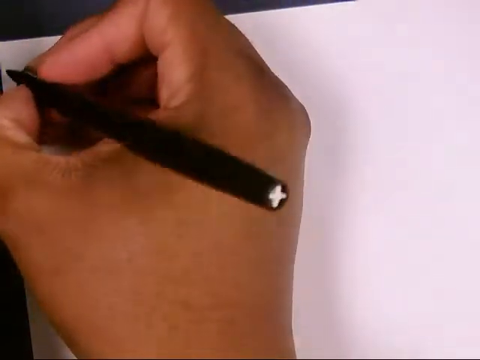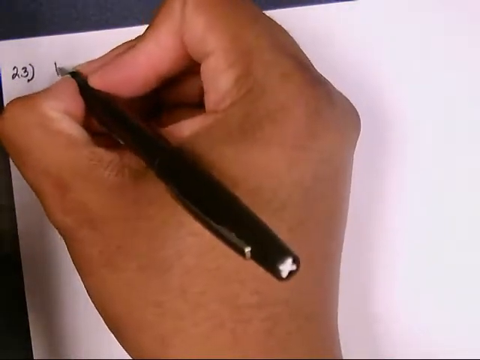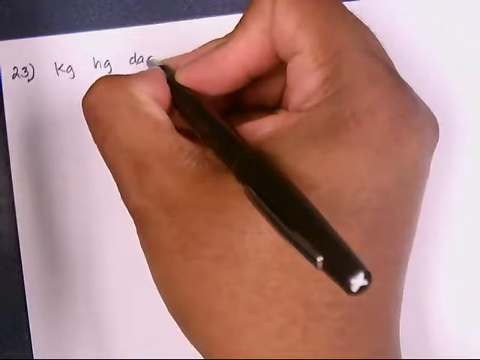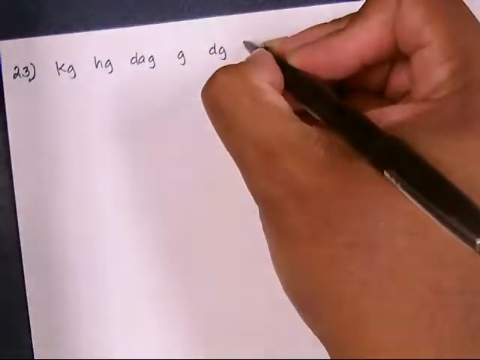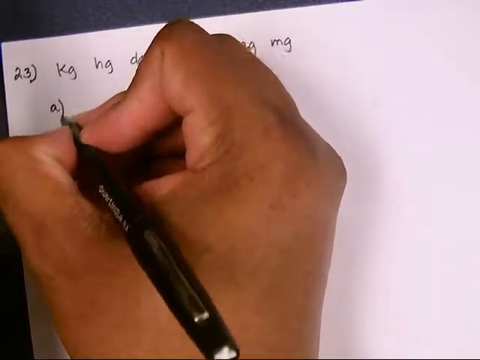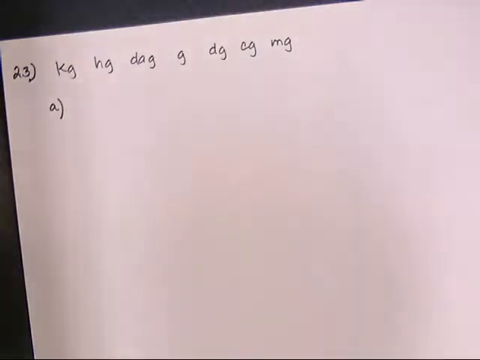Let me try a new page here. KG, HG, DAG, G, DG, CG, and MG. Okay. And in part A, you're to convert 3.4 kilograms to grams.